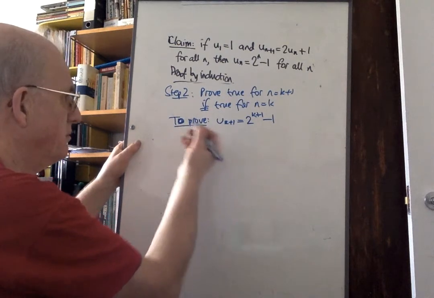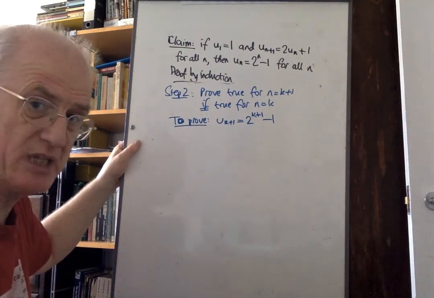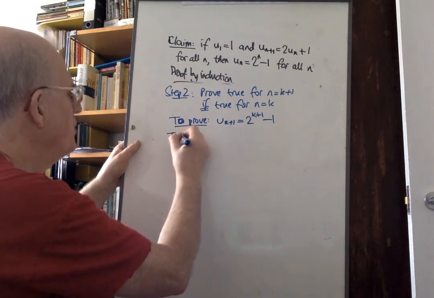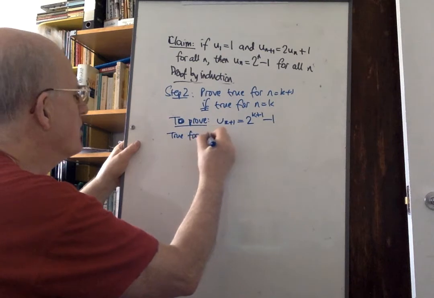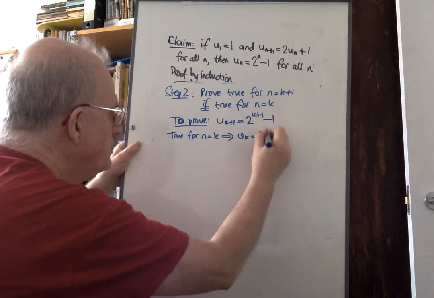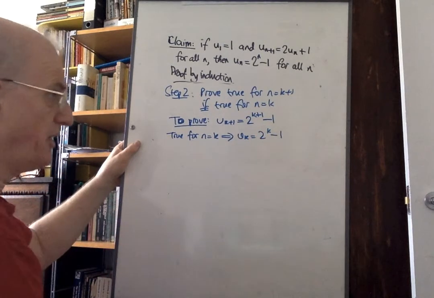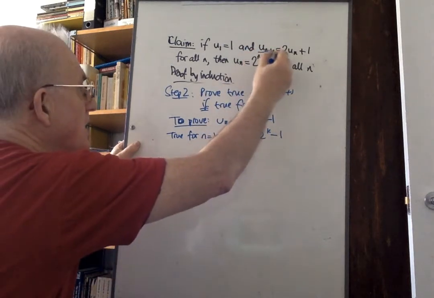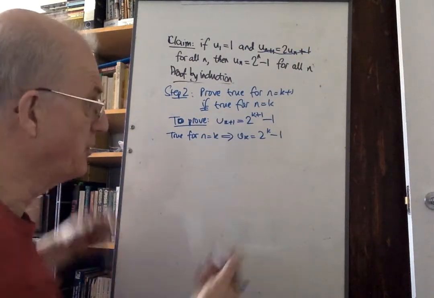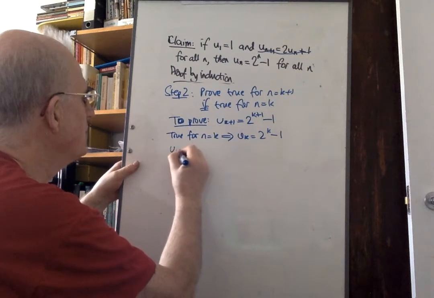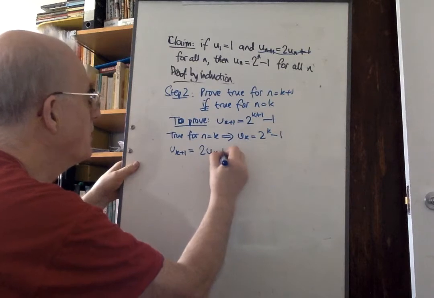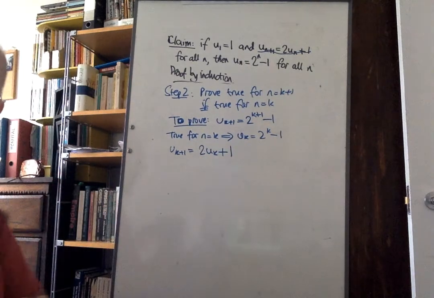And what we've got to go on, or suppose for the sake of argument, is that it's true for n equals k, and that means that u(k) is 2 to the k minus 1. The other thing we've got to go on is this. We know how to get u(k+1) from u(k). So let's use that. The other thing we've got to go on is 2u(k) plus 1.